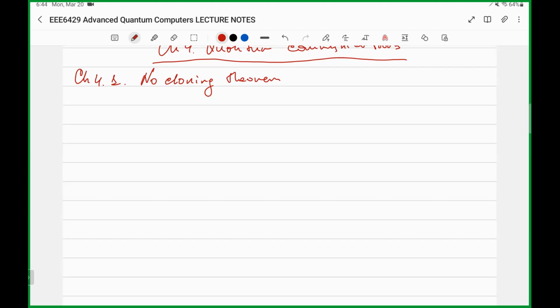The charge is there, it's not affected, but we can measure it, for example using electrostatic types of measurements. And then we simply can clone this classical bit.